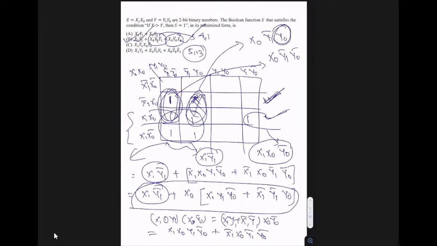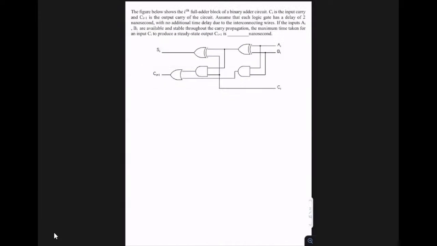Yeah, let's go into the next question. Okay, this question you see. Initially I have taken some questions which are kind of direct questions, and then we'll go into the challenging questions. The figure below shows the ith full adder block of binary adder circuits. Ci is the input carry and C of i plus 1 is the output carry of the circuit.